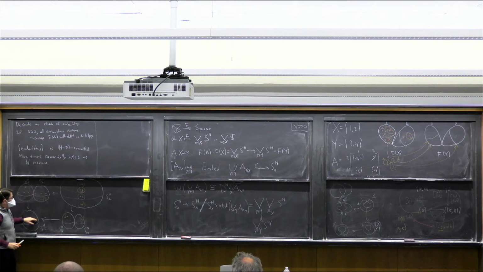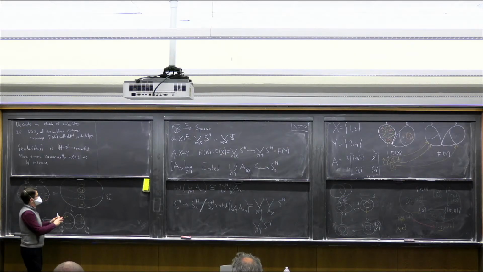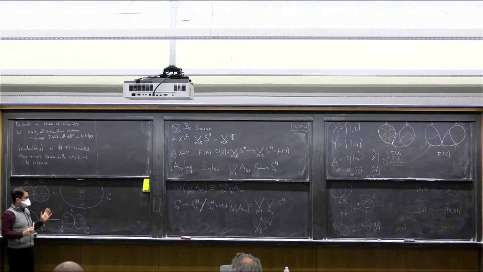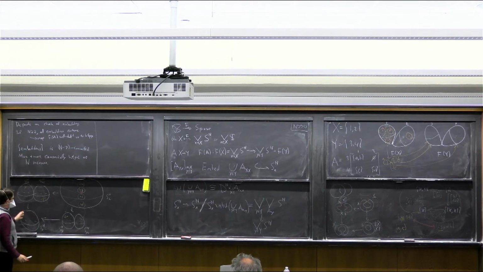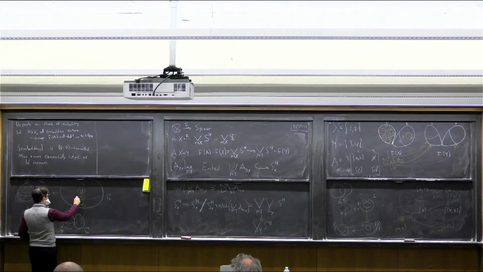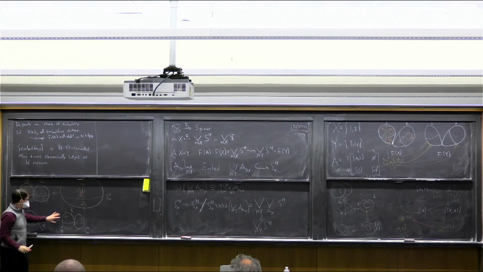And going over and down, everything else that's outside these two tiny red disks goes to the base point. If I go down and over, I had a disk G here and a disk H here. And everything that's outside those two disks goes to the base point.